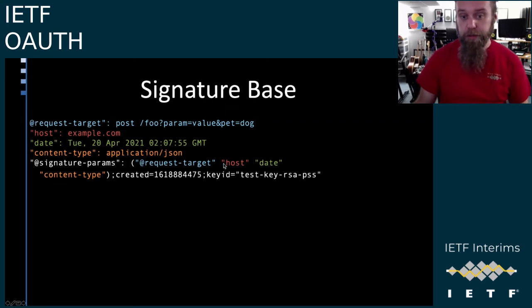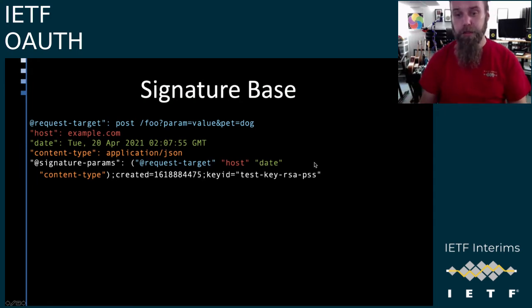And those values with all of their parameters end up in this string down here. So let's say we had @request-target and it was verb-only equals true or whatever, then it would show up down here as @request-target;verb-only=true, or whatever the appropriate values and formats are.